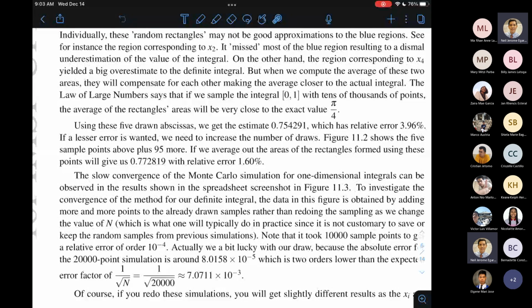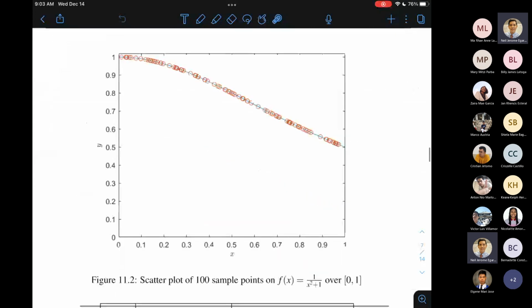Meron ka lang 5 random numbers, kinuha mo yung area ng mga rectangles using the length of the interval as the width and the function value as the length. Tapos in-average lang natin, voila, we got 3.96% error. Now you can make it better if you increase the number of draws or the number of points used. Pinaglaruan ko yan.